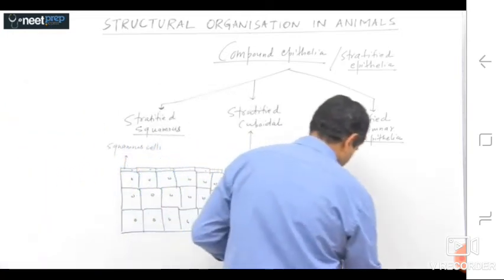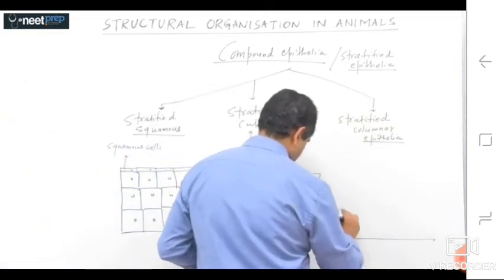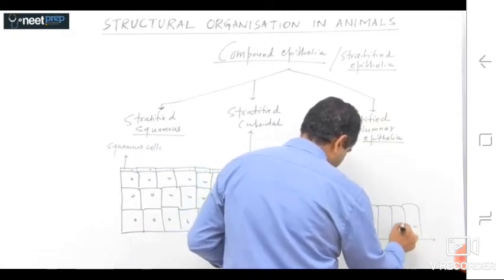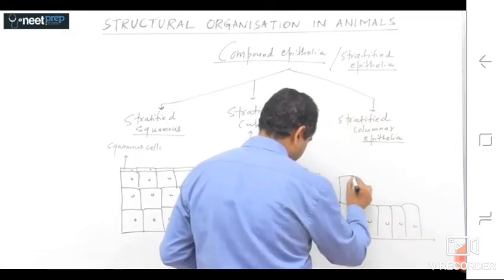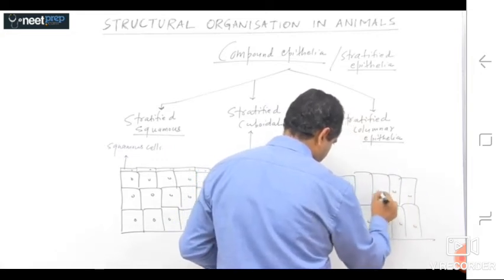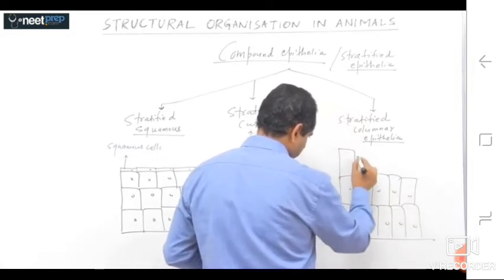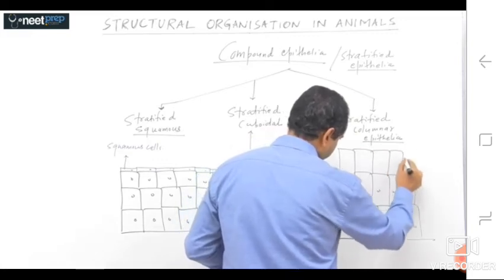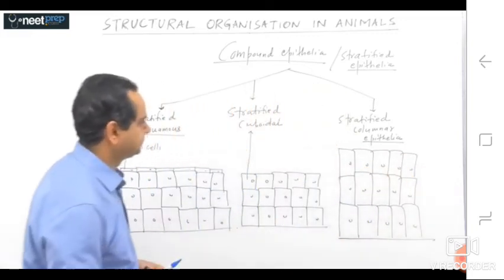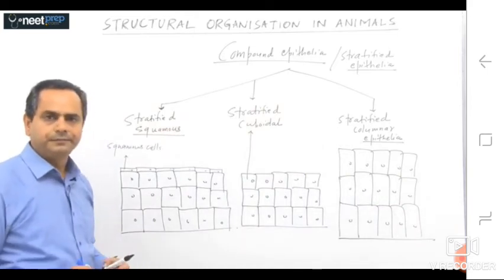And if all the cells are in columnar shape, column-like cells, very large in height, so this is the example of stratified columnar epithelia. That's fine.